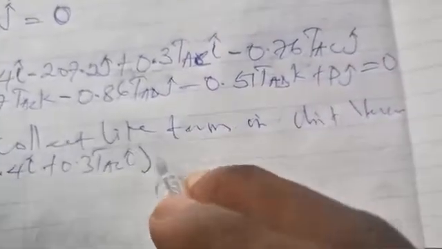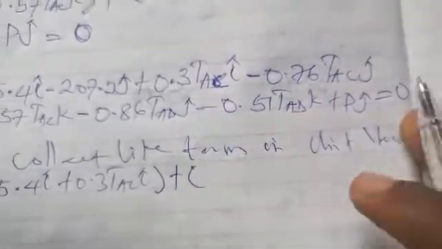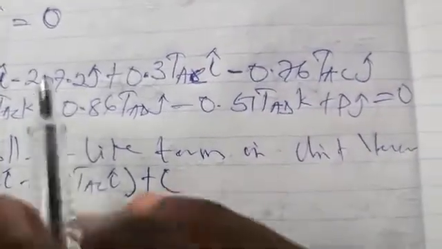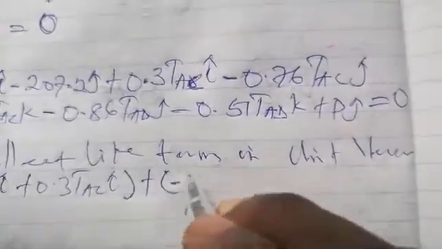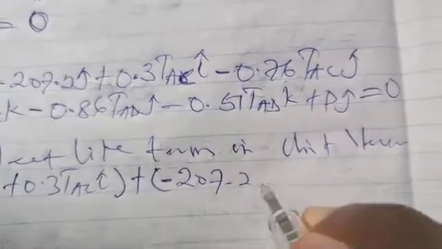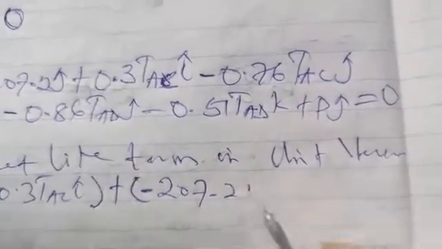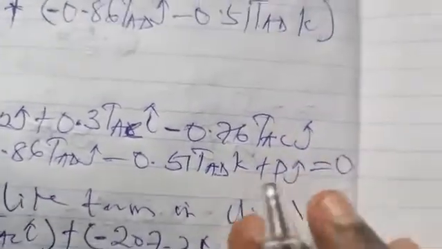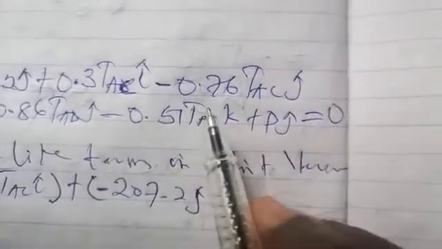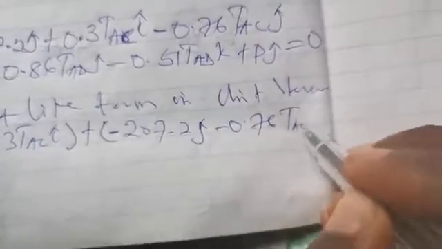Now let's bring all the j's together. We have minus 207.2 j minus 207.2 j, minus 0.76 TAC j minus 0.76 TAC j. We also have minus 0.86 TAD j minus 0.86 TAD j.